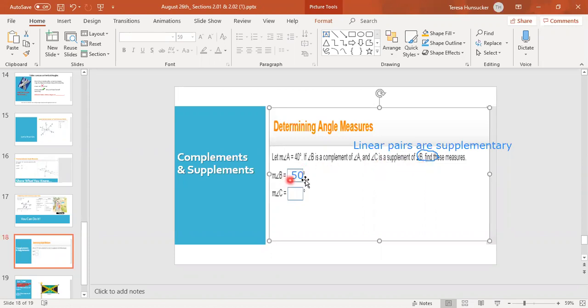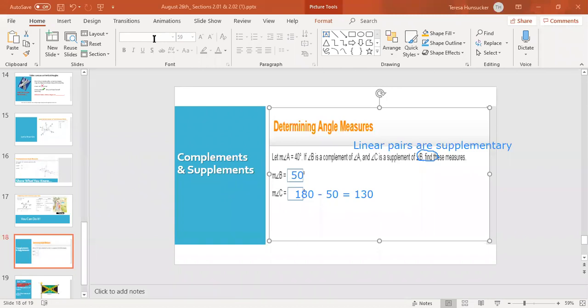So if we just found B to be 50, and B and C are supplementary, that means angle B, 50, plus some number equals 180 degrees. So we're going to do 180 minus 50. And that's how we're going to come up with the measure of angle C. All right. Any questions? Send me an email.